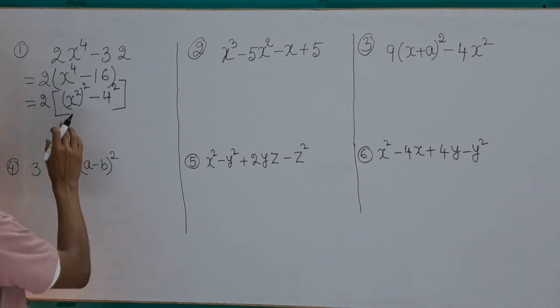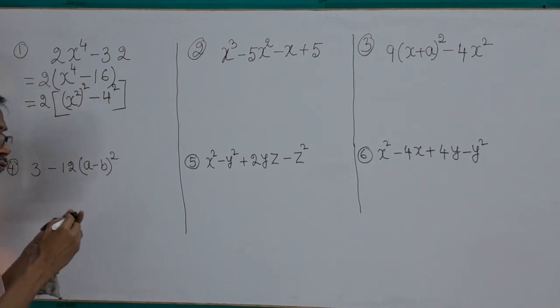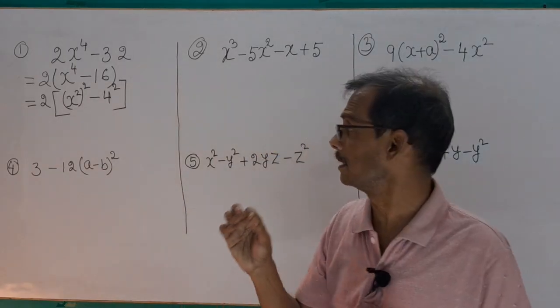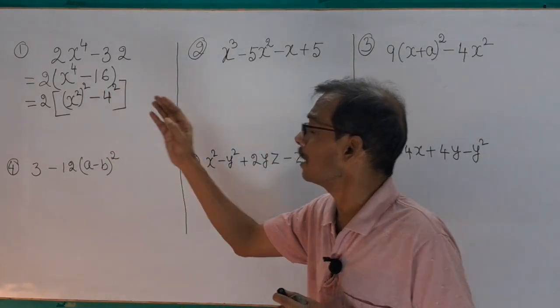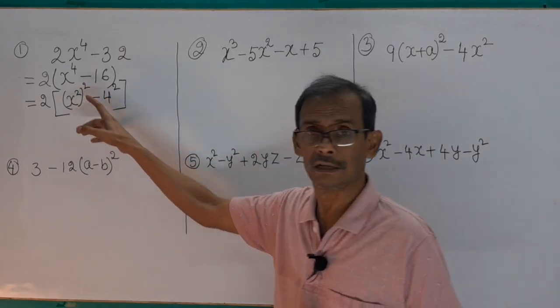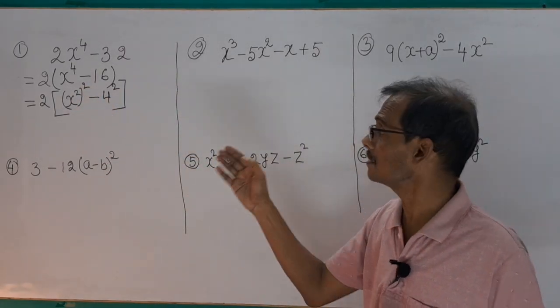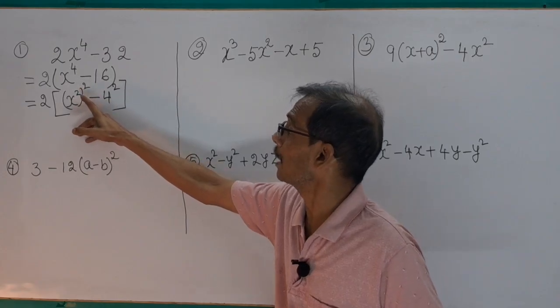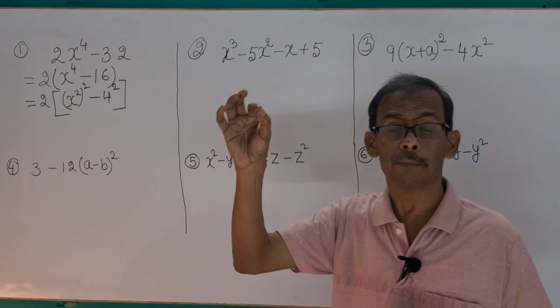Now if you see carefully, suppose a square minus b square is the identity, then what is a? A comes as x square. Don't say a is x, because x square is there and also a power of 2 is there.